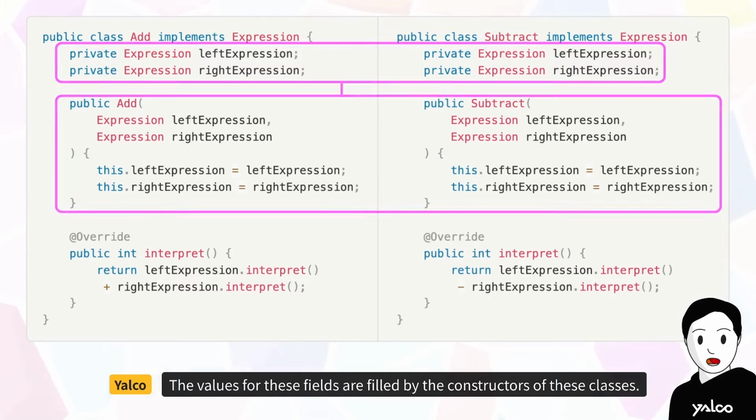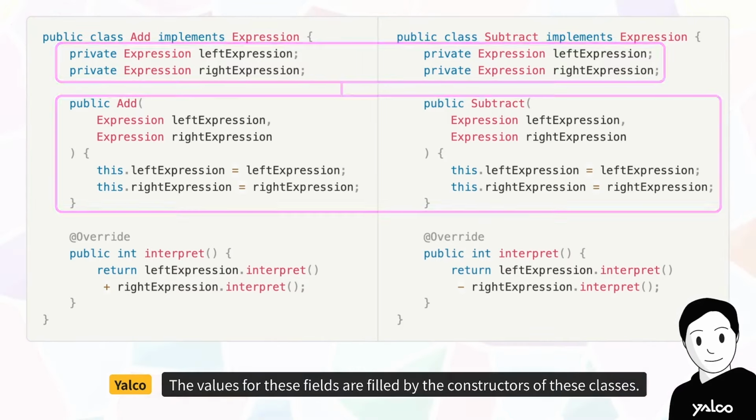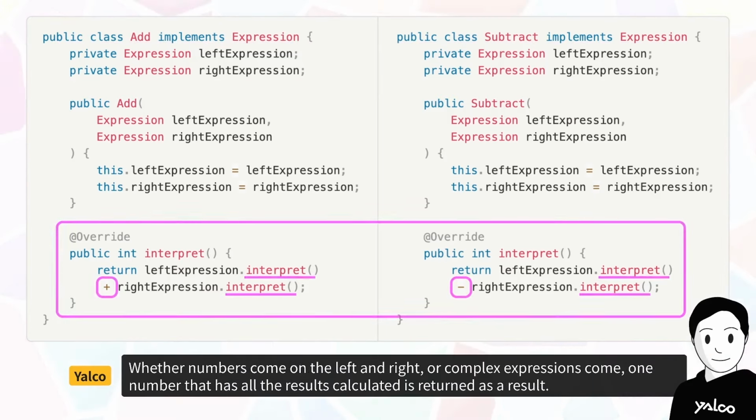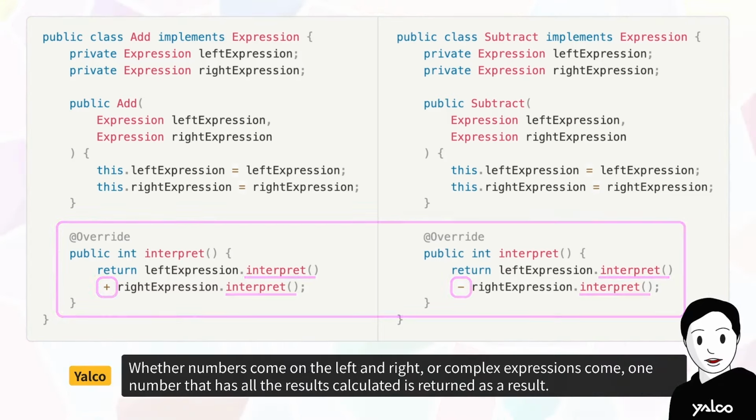The values for these fields are filled by the constructors of these classes. The interpret method is a method that adds or subtracts the results returned by the interpret of both expressions. Whether numbers come on the left and right, or complex expressions come, one number that has all the results calculated is returned as a result.